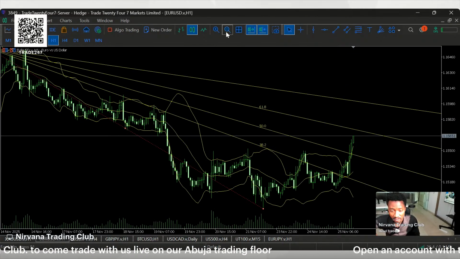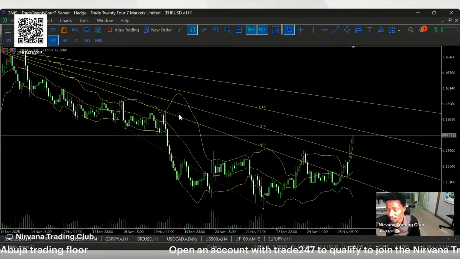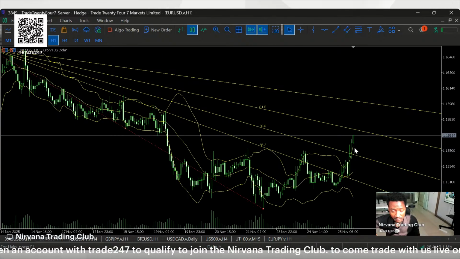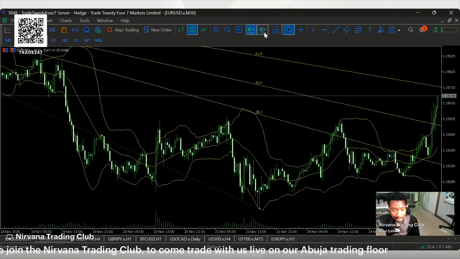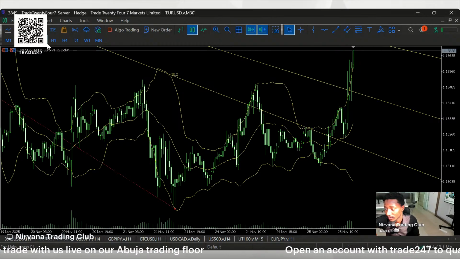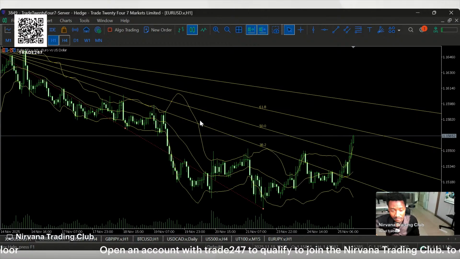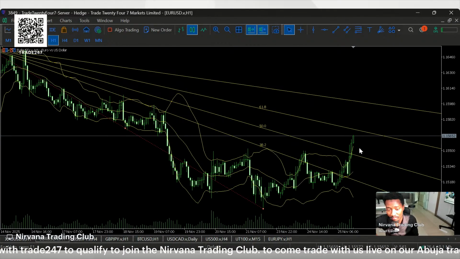So this is what it looks like here on the 1 hour time frame. We'll be looking at this zone for a possible sell back down.